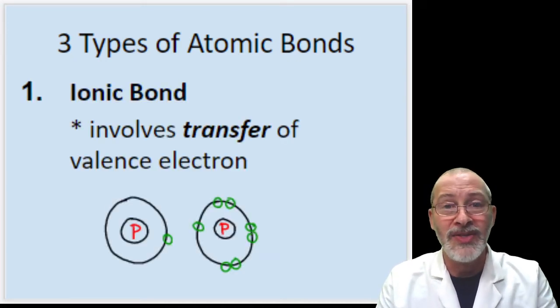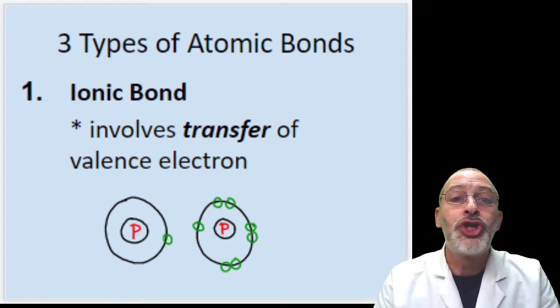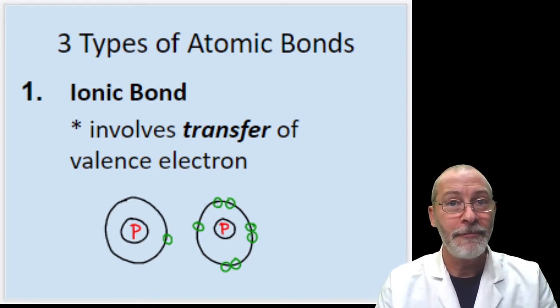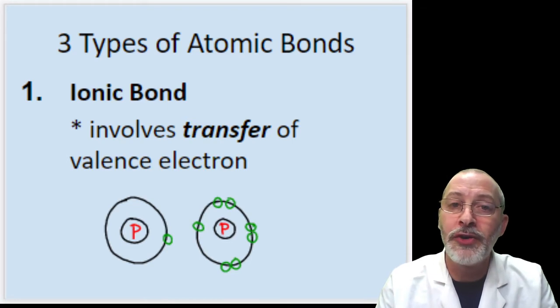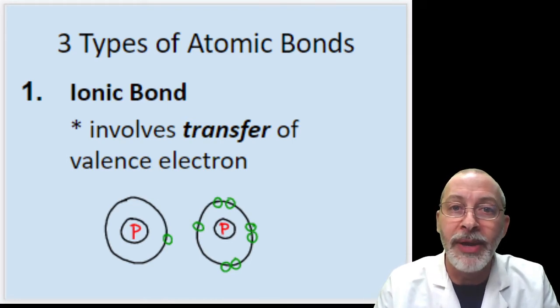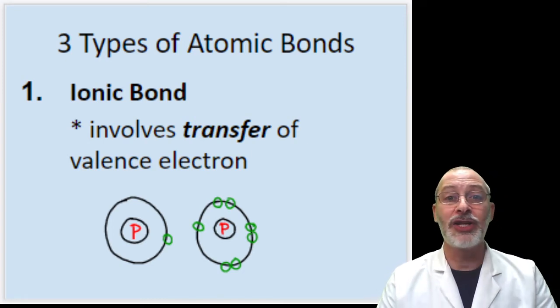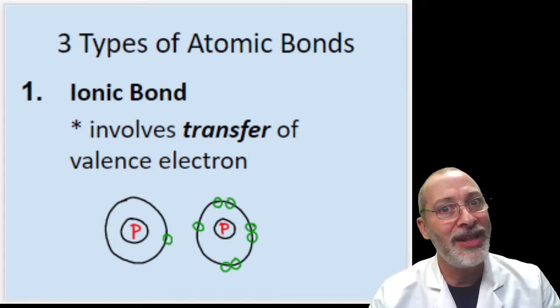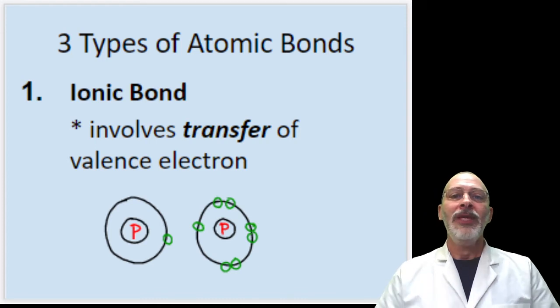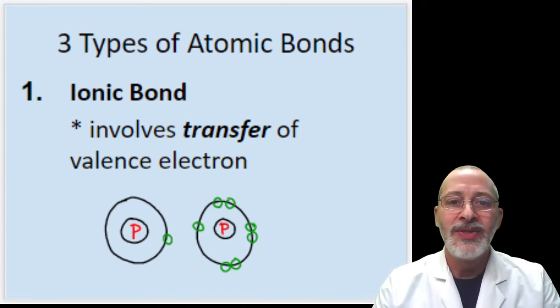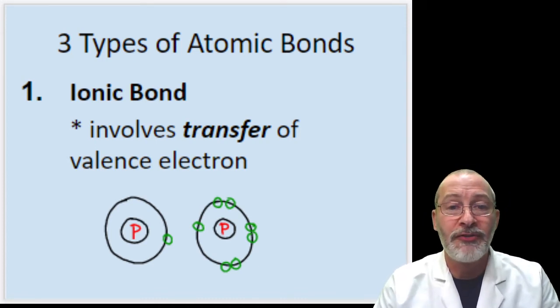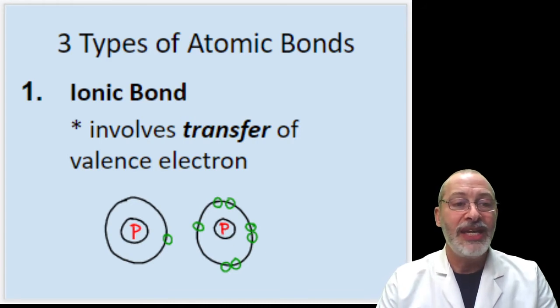Ionic bonds involve the transfer, and that word transfer means movement, of valence electrons. Yes, there's that word valence again. You're going to see a lot of it. Ionic bonds involve the transfer of valence electrons.